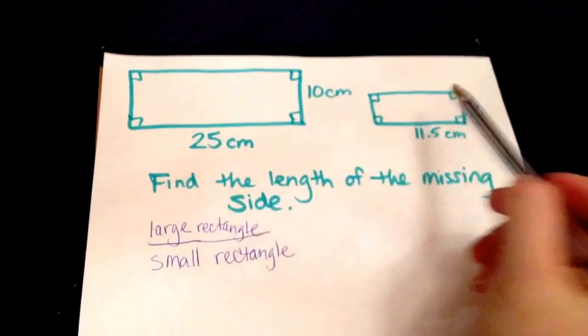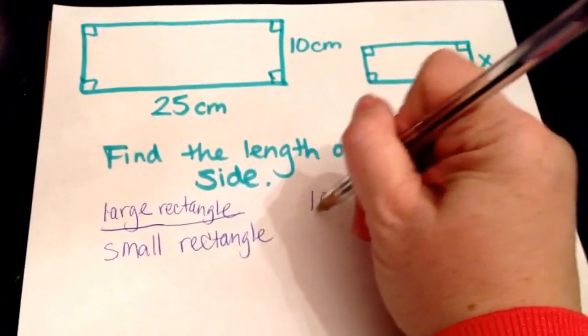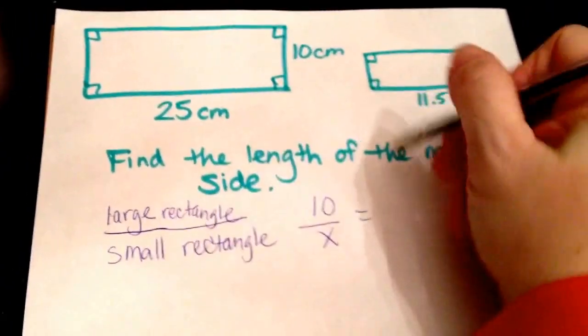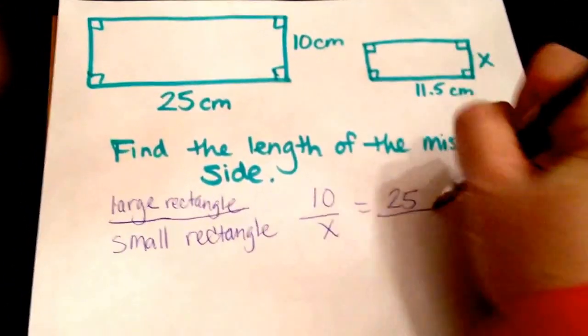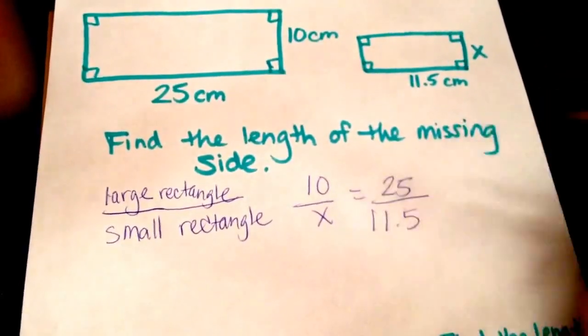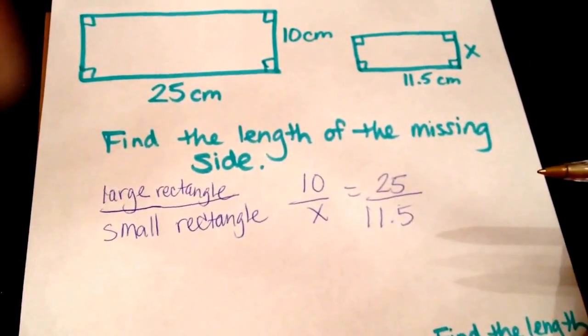So the large rectangle over the small rectangle. So 10 over x equals 25 over 11.5. And then we're going to solve the proportion, solve for x.